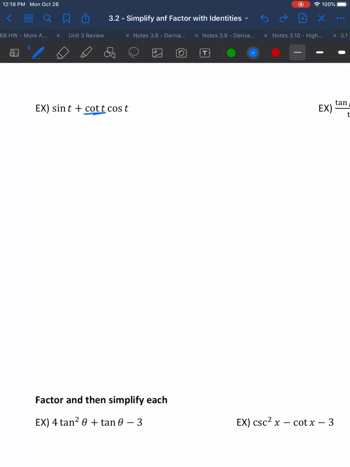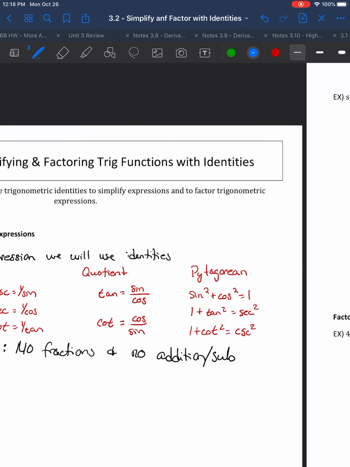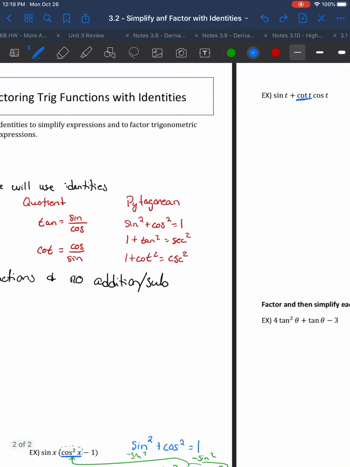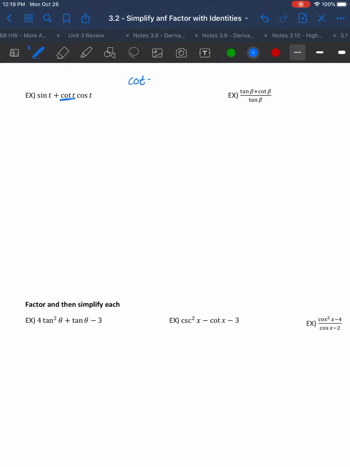Can we turn cotangent into something different to maybe put it together with the others? Cotangent is 1 over tangent, or cotangent is cosine over sine. My gut says let's use that cotangent is equal to cosine over sine. That's where my mind's taking me, so let's try it.